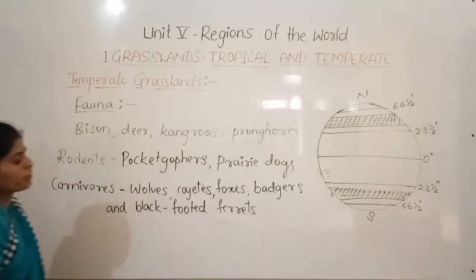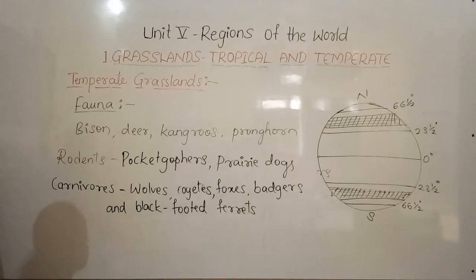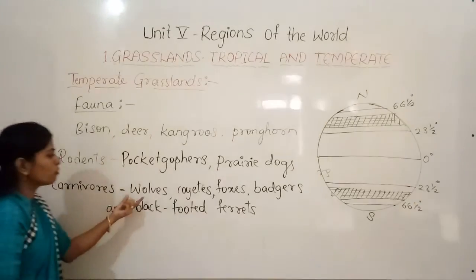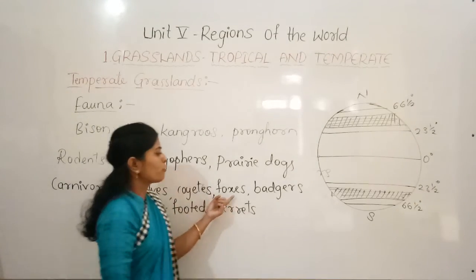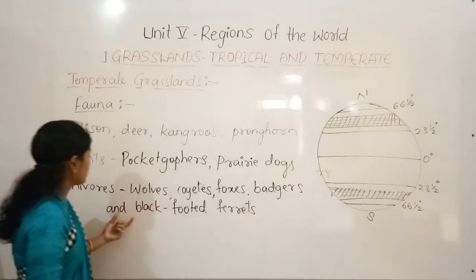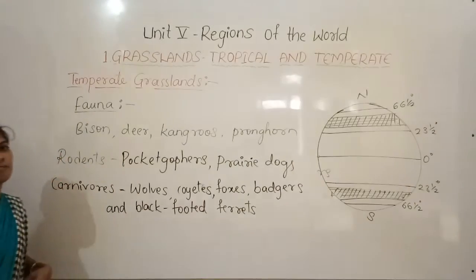So these are some of the carnivores which we can see in the temperate grasslands.